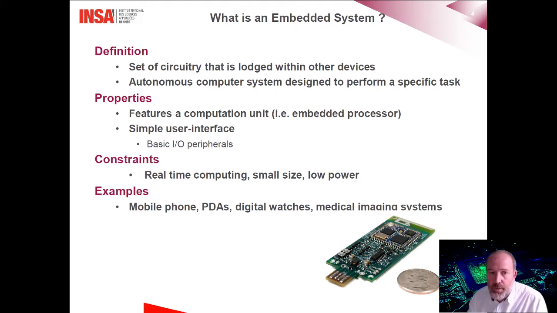Another of its properties is that this type of system usually has a relatively basic user interface. That is to say that it does not have complex elements such as a large screen, a mouse, a very large keyboard, but simply very basic input-outputs such as buttons, switches, LEDs to ensure communication with the outside world.